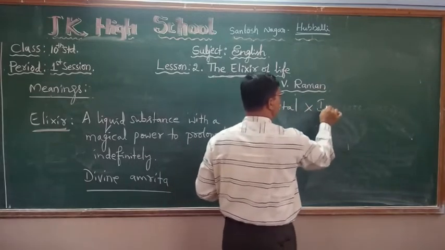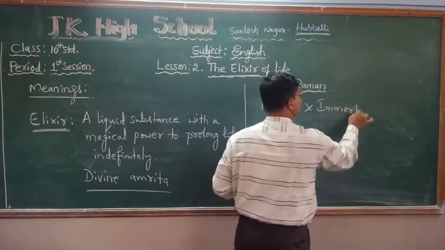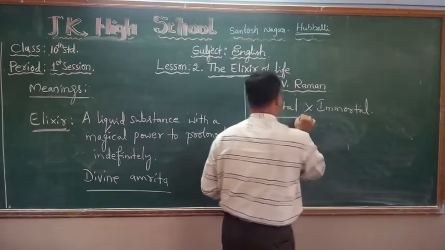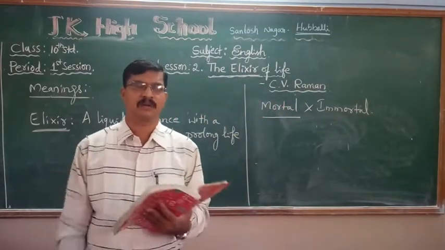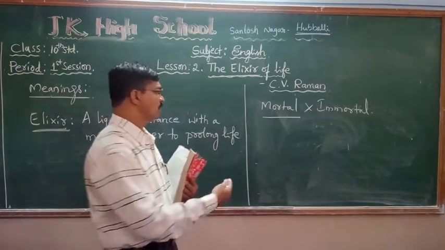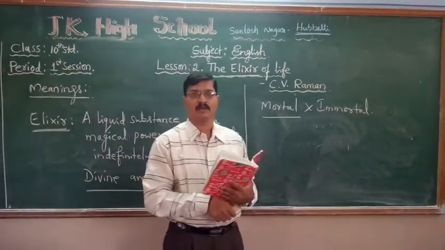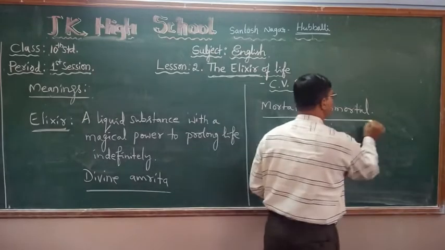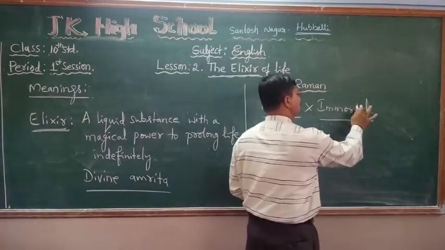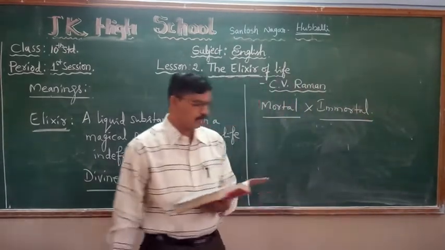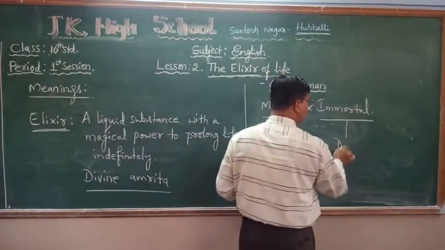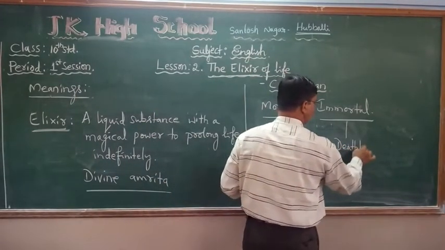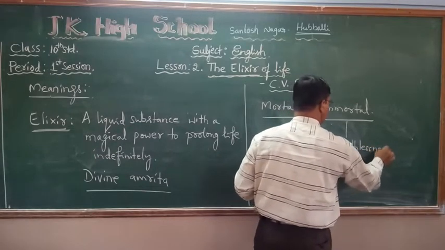Mortal means you are going to die. You are not permanent on this earth, which has a limited lifespan. Whereas immortal means it has no death. Immortal means deathlessness.